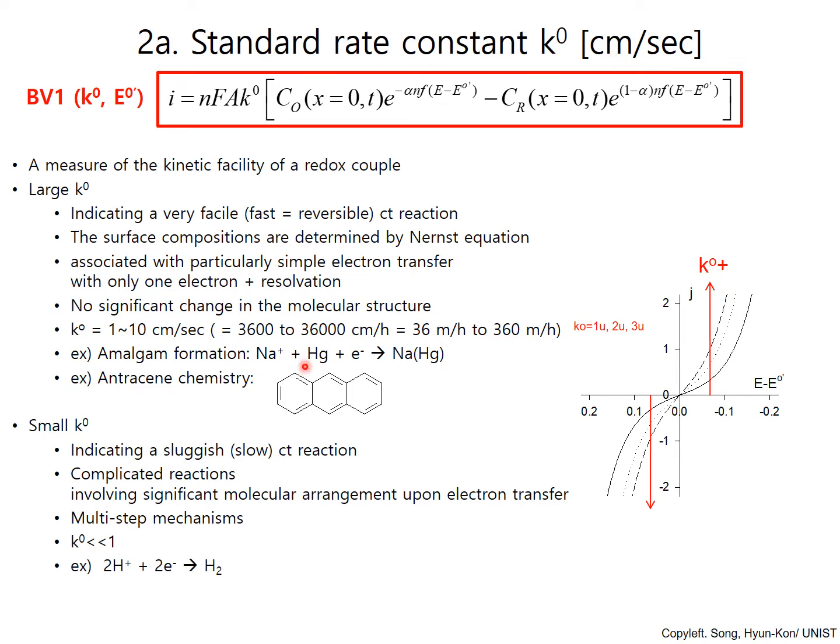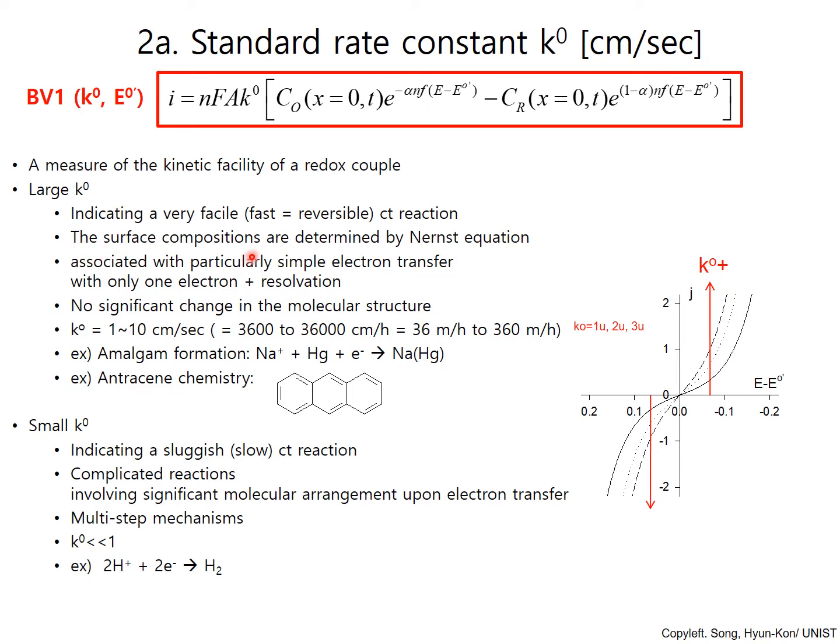So k0, again, is a measure of the kinetic facility of a redox couple, right? And a large k0 indicates a very facile or fast or reversible or Nernstian charge transfer reaction. Of course, in this case, the surface compositions are determined by the Nernst equation. If you have a very large k0 reaction, then maybe you could assume that your system is a mass transfer limited system instead of a charge transfer limited system.